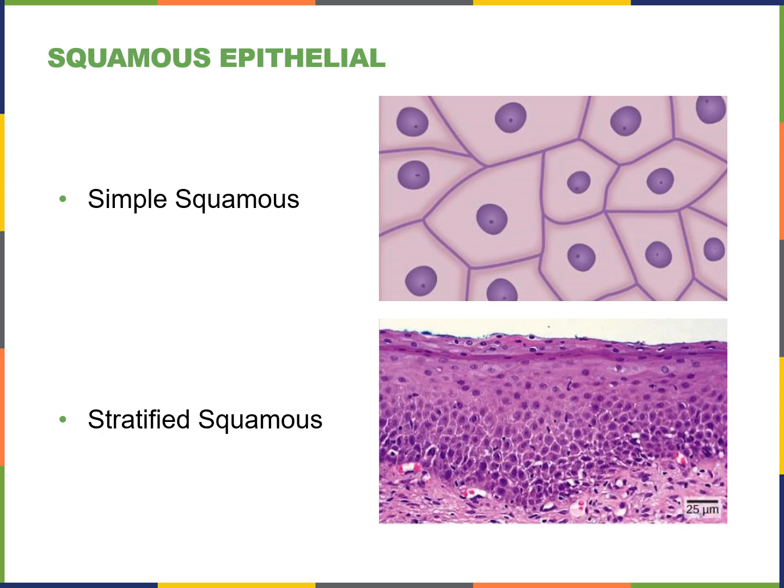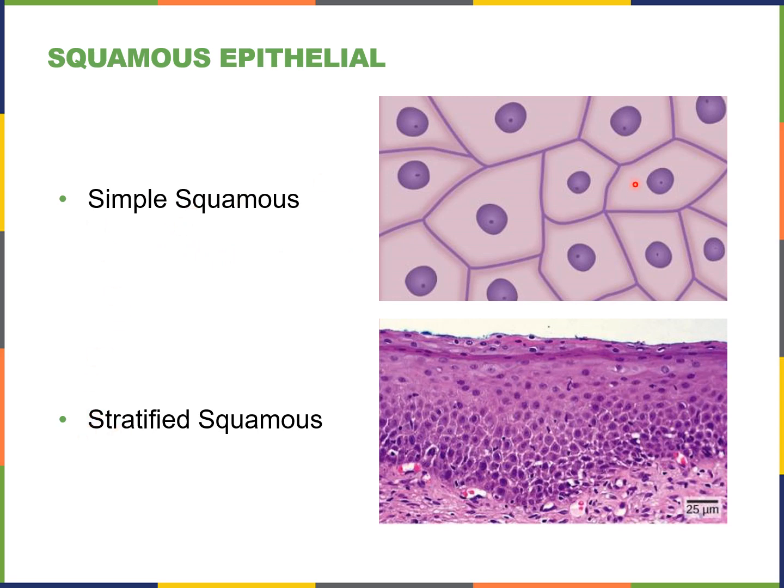Okay, getting into talking about different kinds of cells, I'm going to let you read a little bit about this in your text as well to understand where you would see these kinds of cells. But we have two different types within each one of these different types of cells. We have simple versus stratified.